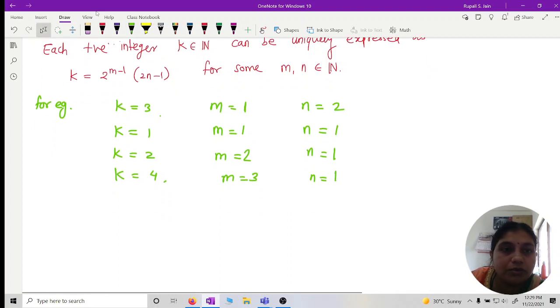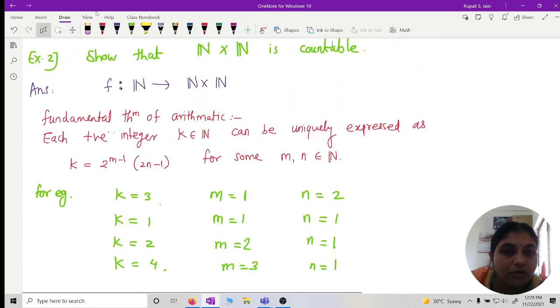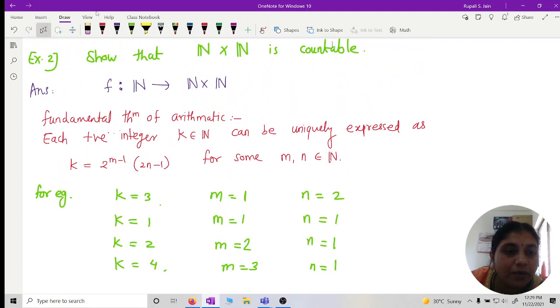Why am I using this? Because I want to define a bijective map from the set of natural numbers to the cross product of natural numbers.